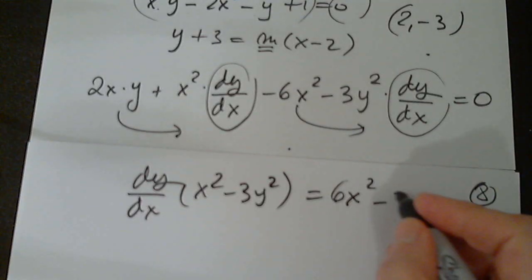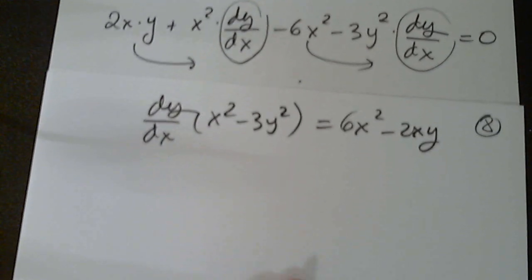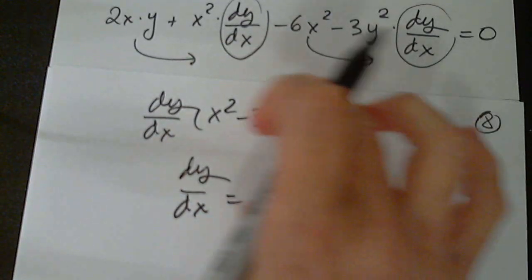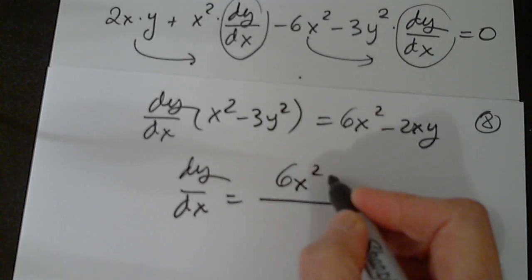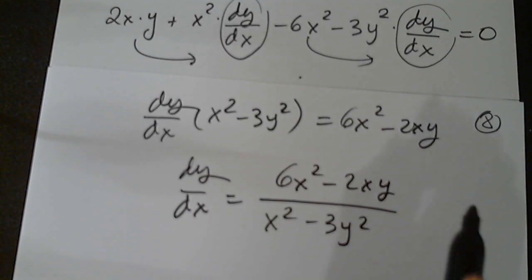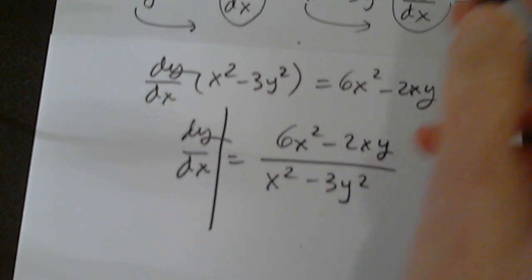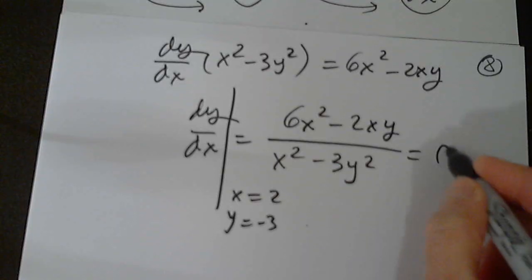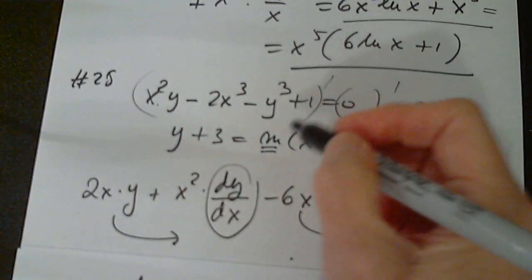This moves to the other side, it becomes negative. So therefore, dy over dx equals this over this: 6x squared minus 2xy over x squared minus 3y squared. I need to evaluate this when x is 2 and y is negative 3. And this will be the slope that I need here.